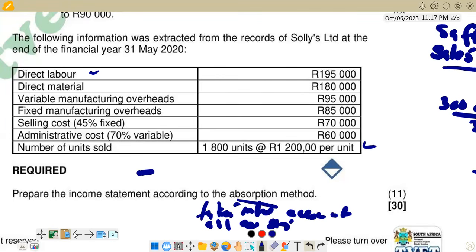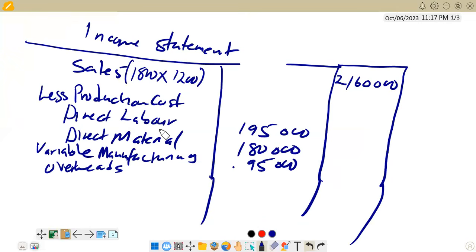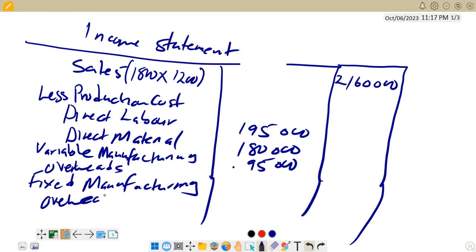We are also going to include that one, and that fixed manufacturing overheads is 85,000.